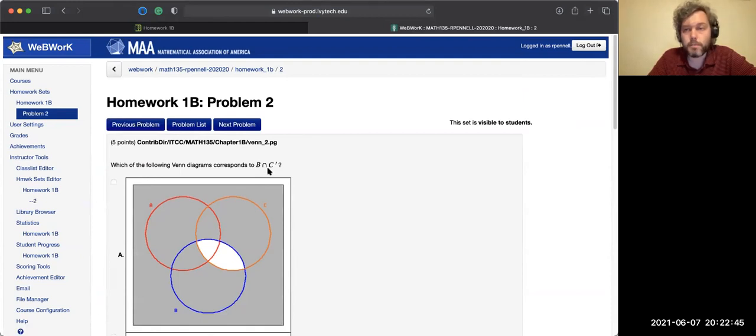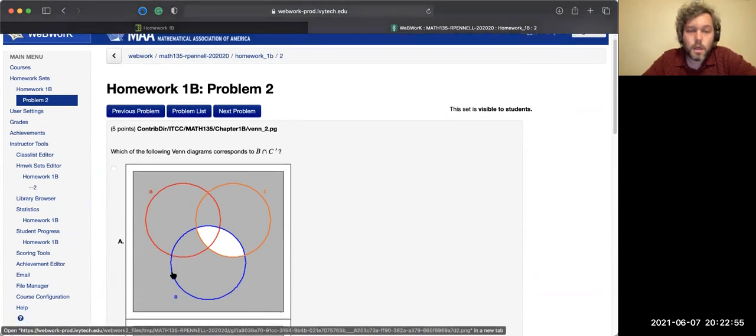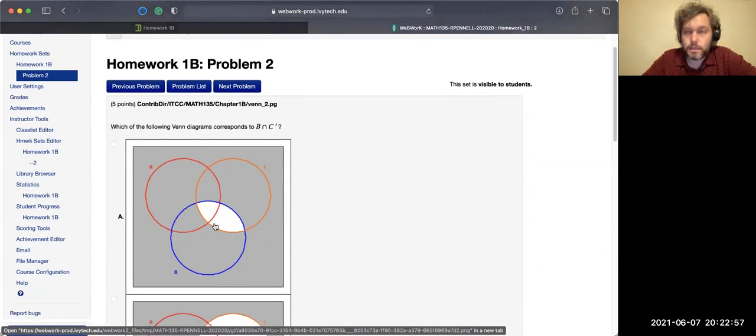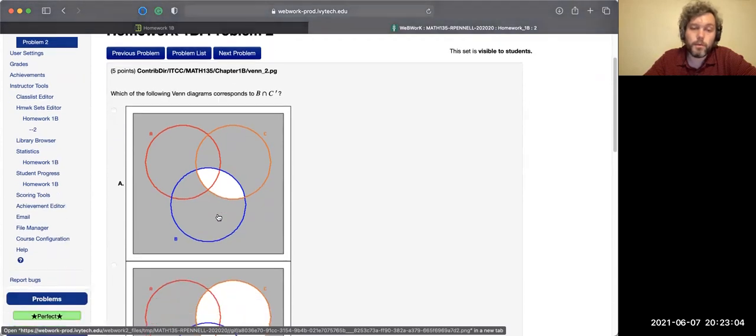Okay, B intersects C complement is kind of like asking what is B minus C. So we want the part of B that has nothing to do with C. That's what we're going to look for in this problem. That would not be this, because that's everything but B and C. B and C complement, we don't want that.